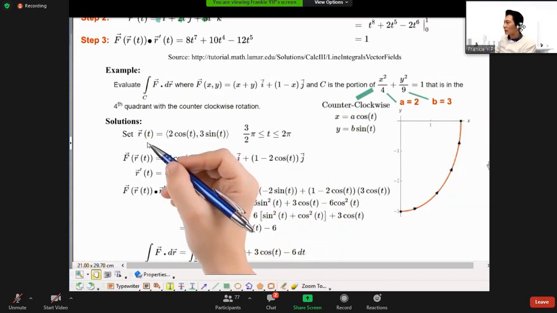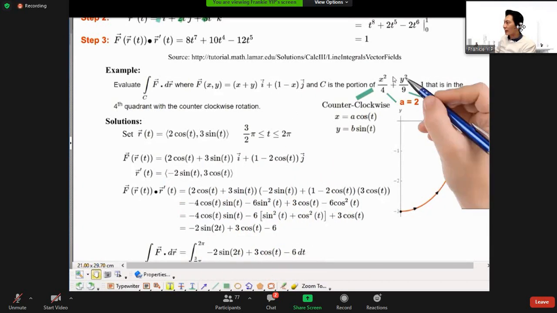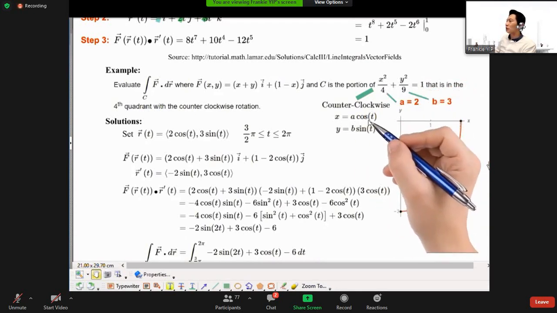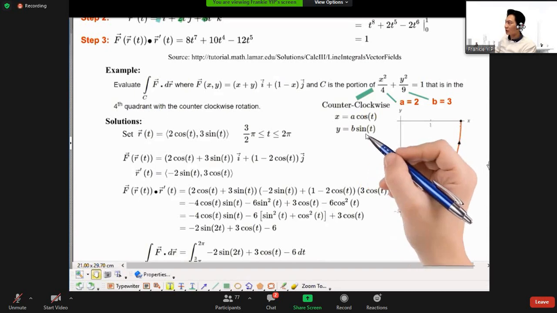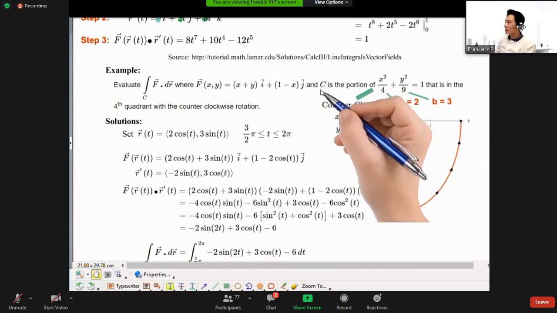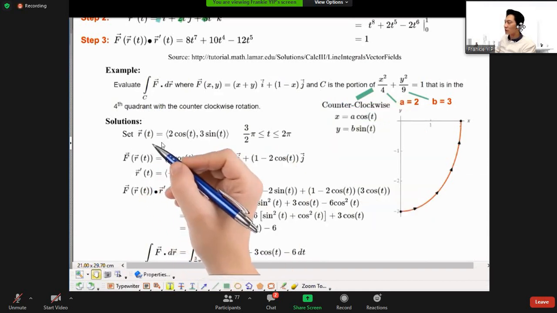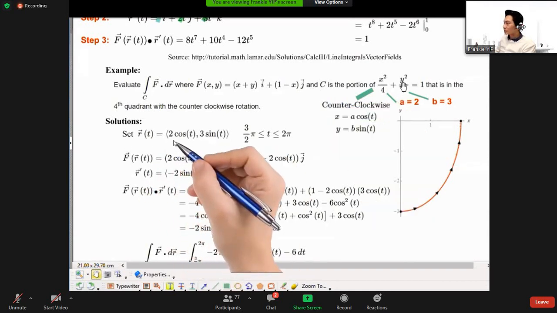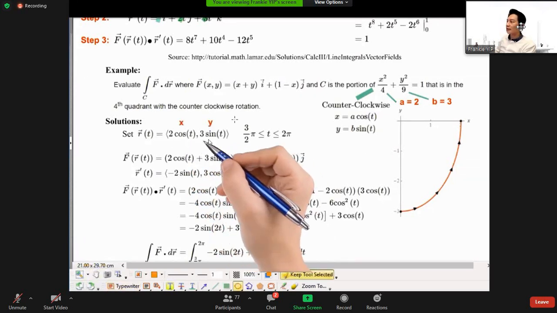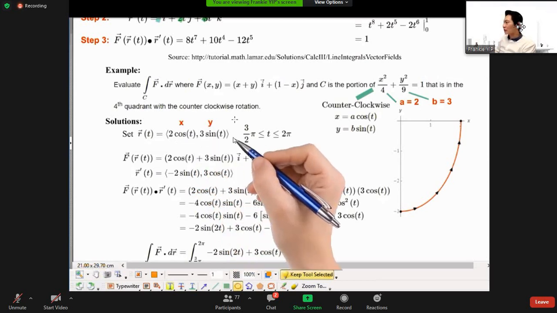So by using the parametric form, x equals 2 cosine t and y equals 3 sine t. Now because the curve C can be represented by r(t), we write down r(t) equals this: this is x, this is y, 2 cosine t and 3 sine t.